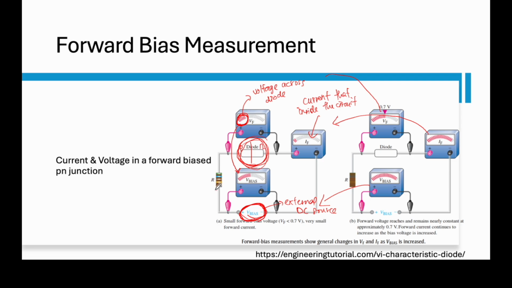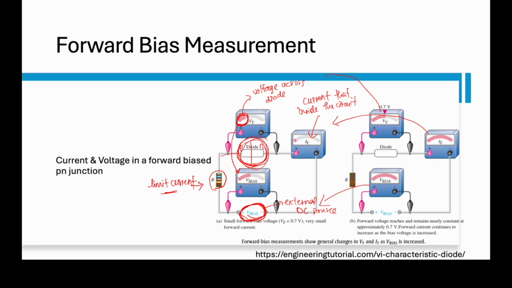Why? Because there is a resistor here. What is the function of this resistor? The function of this resistor is to limit current, so that there is no excess current suddenly flowing inside the diode. It controls the amount of current that flows inside that particular circuit.